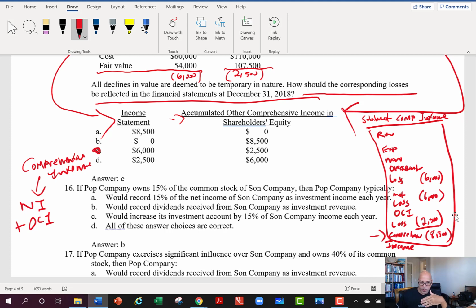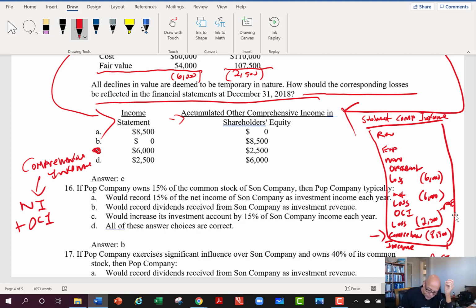Our other comprehensive income loss gets closed to accumulated other comprehensive income. So this part would go to retained earnings when we close everything. This part goes to accumulated other comprehensive income. I sometimes tell my students that accumulated other comprehensive income is like the retained earnings of other comprehensive income. That's where our other comprehensive income items go home to rest, right?